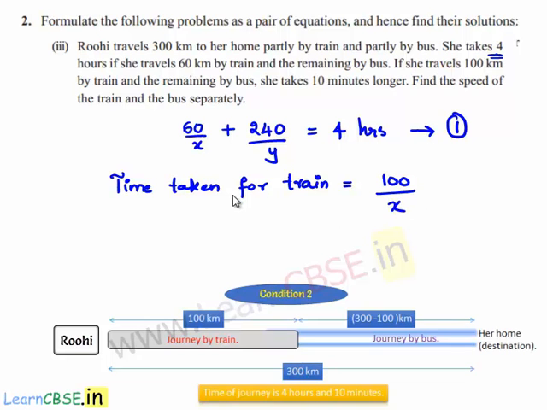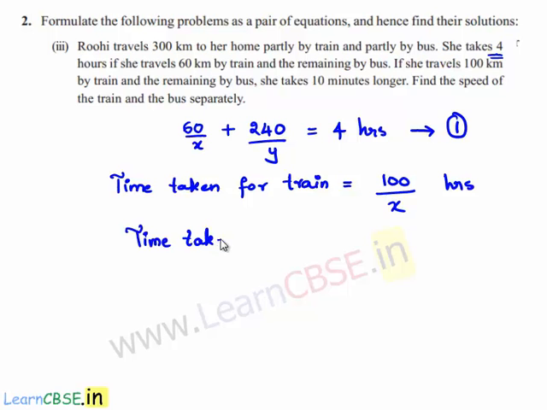So the time taken for the train is equal to 100 by x hours. And the time taken for traveling in bus is equal to the remaining distance, 300 minus 100, divided by y.